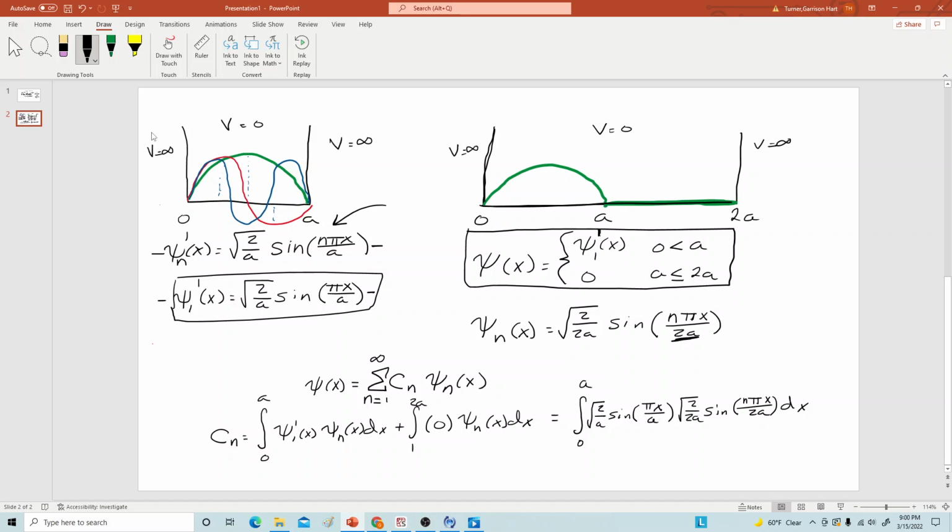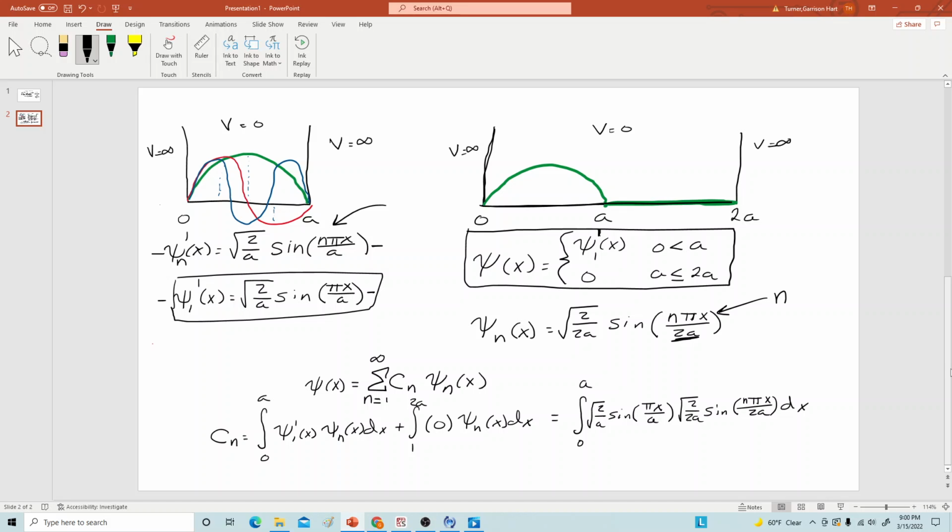So instead of square root 2 over a, my coefficient would be square root 2 over 2a. Now, of course, that reduces to just square root of 1 over a, but I wrote it out explicitly so you can see. And then 2a appears in the denominator here. So this is also a series of functions that depend on n. So this is a complete set.